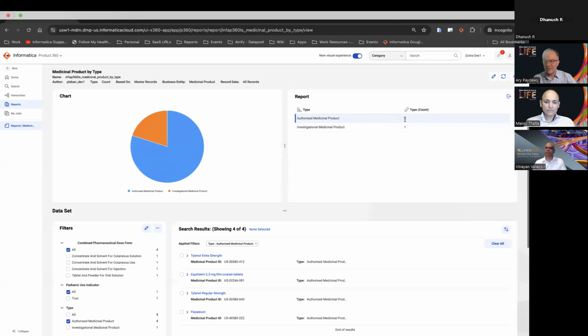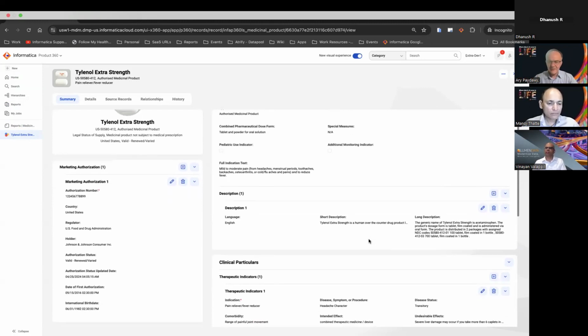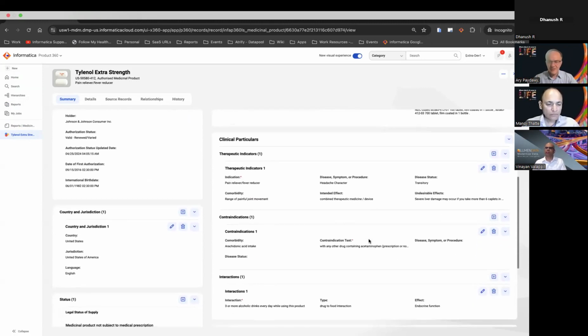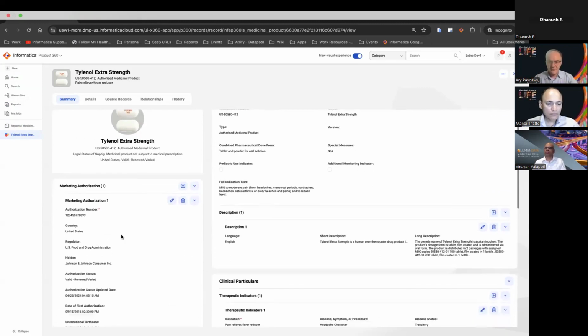Let's take a look at one of the marketed or authorized medicinal products. In this case, it's my Tylenol Extra Strength. If you look at this, this is the MPID, the actual medicinal product. I have all the information that I need, from clinical indications to the contraindications.